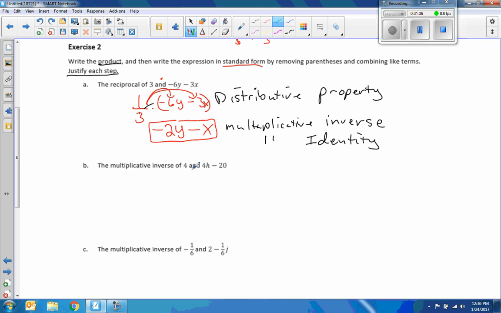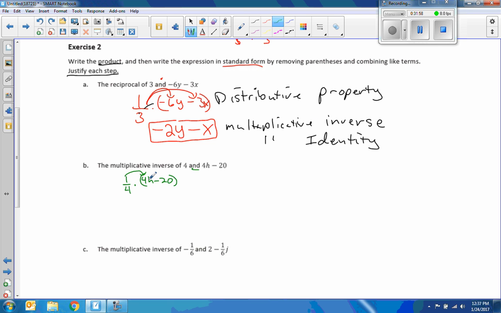Alright, the multiplicative inverse of 4. 1/4. And times 4h minus 20. You have to put that in parentheses because you're dividing everything by 4, or multiplying everything by 1/4. So 1/4, this is the distributive property. I'm not going to write this every time.